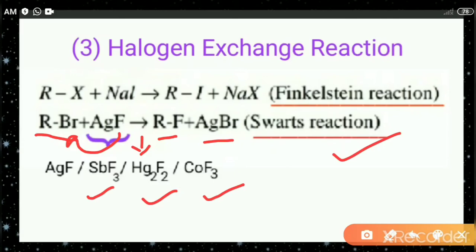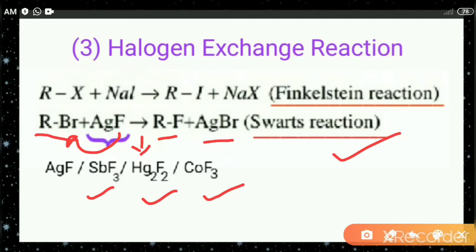While doing conversions or completing reactions, we always need to remember that whenever we need to exchange the halogen atoms of a haloalkane, these two reactions are the most useful.